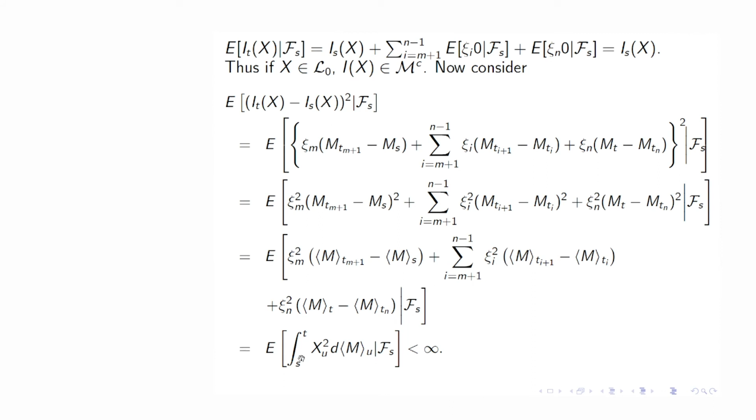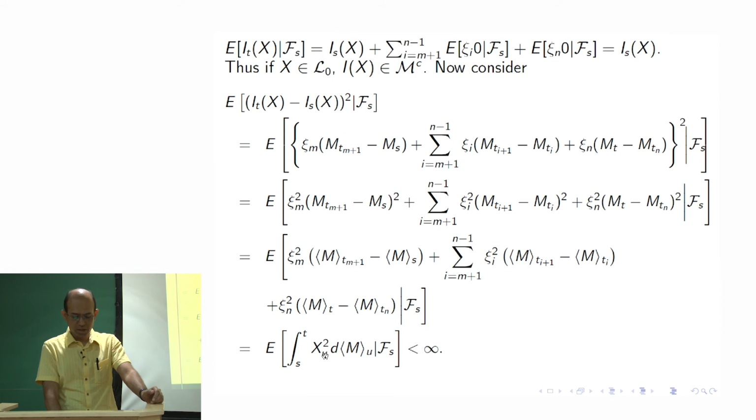So this is nothing but the integration from s to t of this simple process xi square with respect to dμ, given Fs. That is a proof that the conditional expectation of the square of the increment of the integral is the expectation of the integration of the square of the integrand with respect to the quadratic variation.